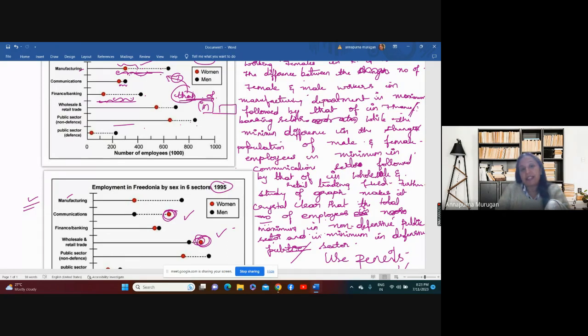Instead of writing the complete statement, we use a phrase, an idiom, which compares whatever you are trying to indicate. Got it, guys?